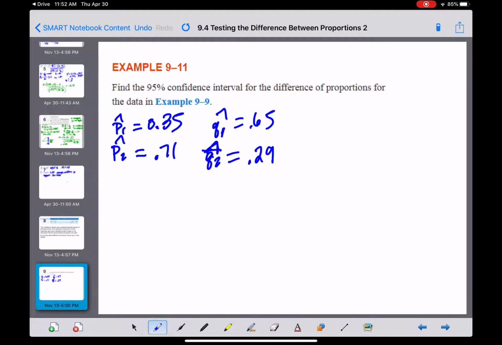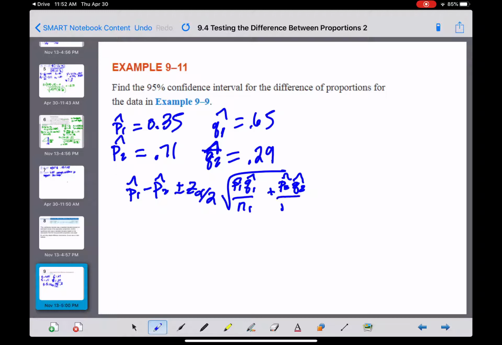So our formula is P1 hat minus P2 hat plus or minus z sub alpha over 2 times the square root of P1 hat Q1 hat over N1 plus P2 hat Q2 hat over N2. And our z sub alpha over 2 for 95% is 1.96.